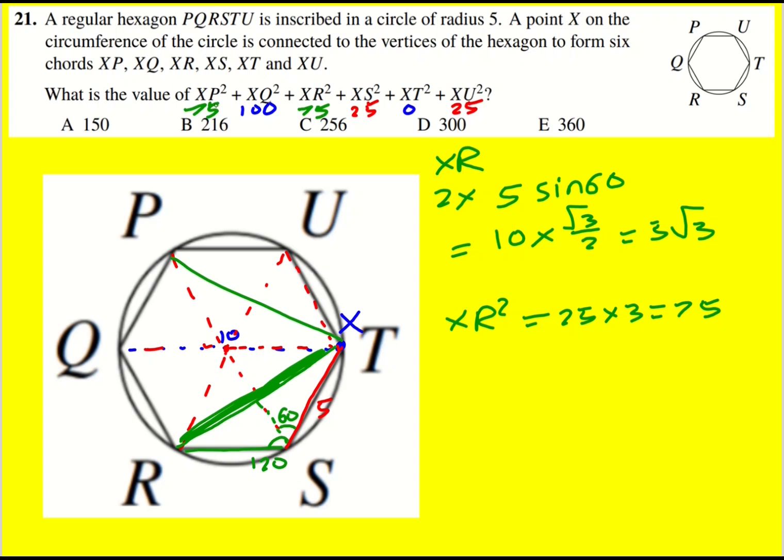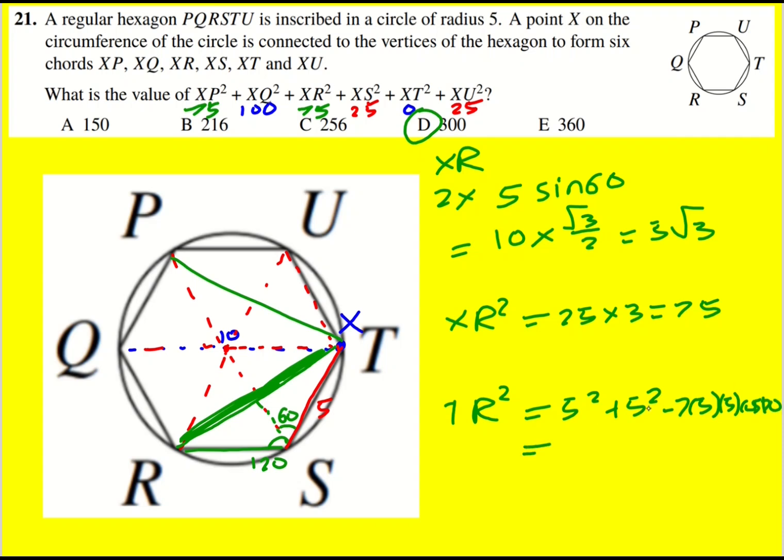So we add them up, we get 150 from the greens, we get 50 from the reds, that's 200 plus 100 gives 300. Let's just say we didn't spot to split it into two, which is what I didn't do. It's not too bad actually. So if I want TR squared, then I can use the cosine rule. It's going to be 5 squared plus 5 squared minus 2 times 5 times 5 times cos 120.